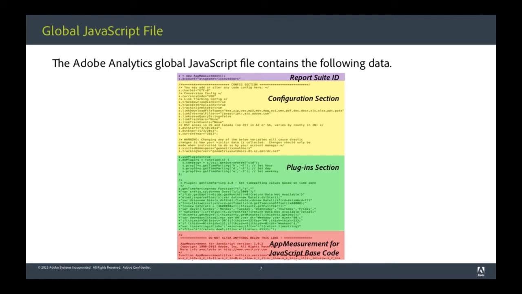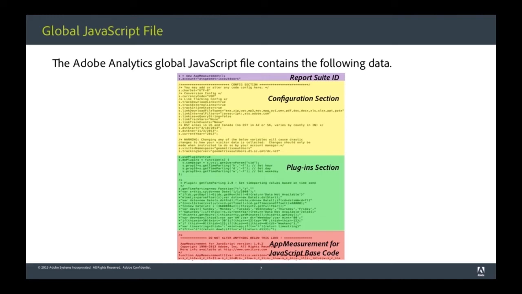The plugin section is next. A plugin is a simple piece of JavaScript code that looks for a specific condition, and then if it's met, it will execute an action. And that action is usually populating a variable with a value. These are very handy because we code them once here in the app measurement file, yet they search every page of our site for the condition.